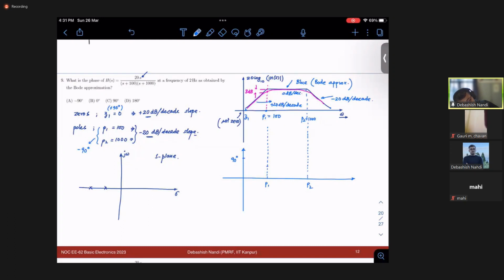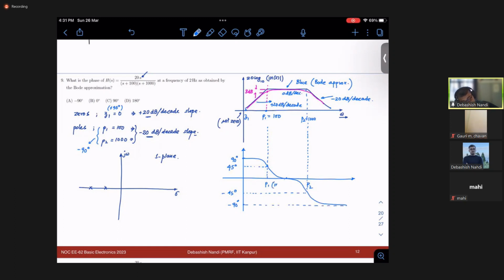From this to this, you have a drop of 90 degree, right? And at P1 it will be around 45 degree, at P2 it will be minus 45 degree, and it will drop asymptotically to minus 90 degree, right?